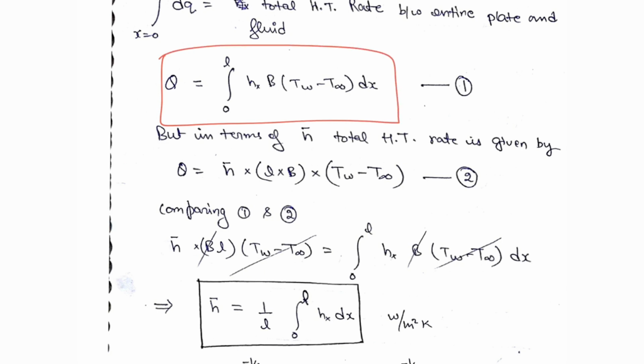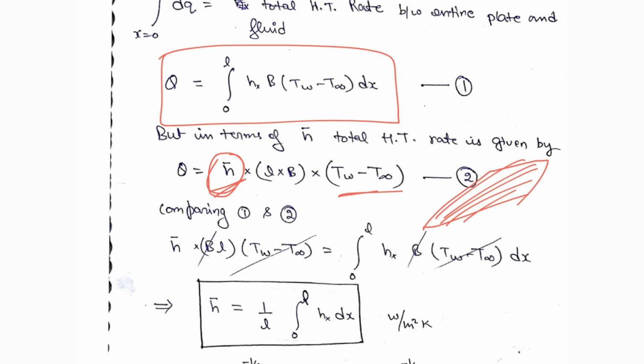But if you want to write hA delta T, okay, average, we have to consider the average h. This is the total area, that is L into b is the total area of the plate, and you want to find the amount of convective heat transfer from this plate, then you have to use the average value of convective heat transfer coefficient. Okay, h bar into area into Tw minus T infinity.